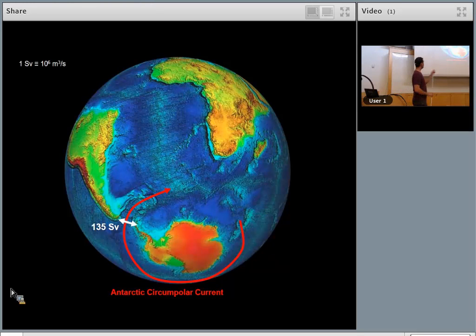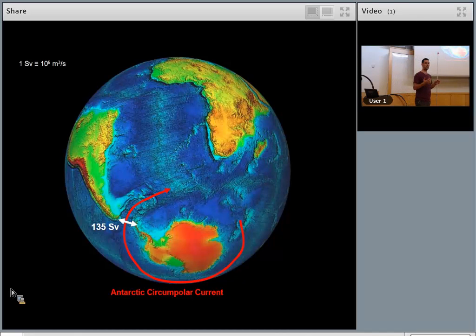And you have 135, what we call sverdrups, where one sverdrup is 1 million cubic meters per second, going around Antarctica. To get some idea of scale, if you put all the rivers together in one flow, that would represent one sverdrup, 1 million cubic meters per second.